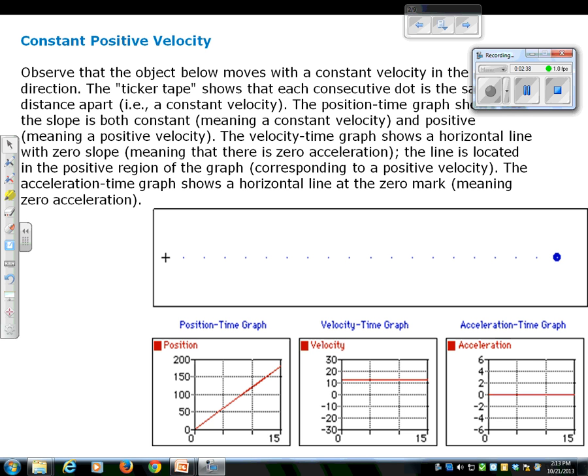And that's why my velocity time graph is flat. Why is the acceleration time graph over here flat? Not changing velocity. In fact, what is the slope of the velocity time graph? 0. What is the value of the acceleration time graph? It's right at 0.